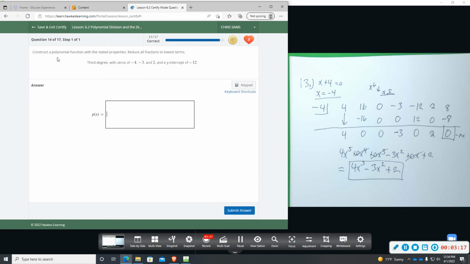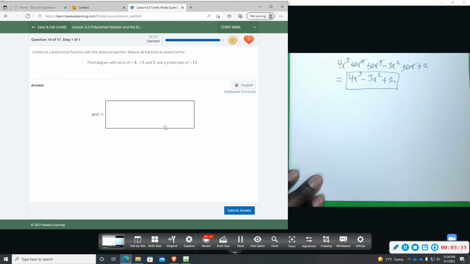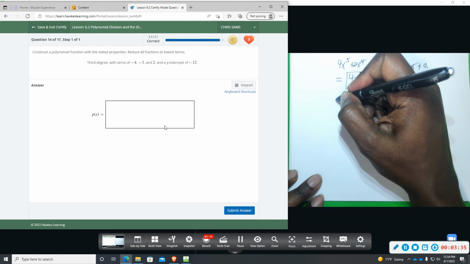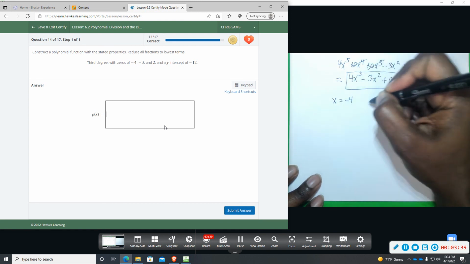All right, so now we want to actually build a polynomial. It says construct a polynomial function with the stated properties, reduce all fractions to lowest terms. So when you create the polynomial, they're giving you the zeros. So basically they're telling you x equals negative 4, that's a 0.